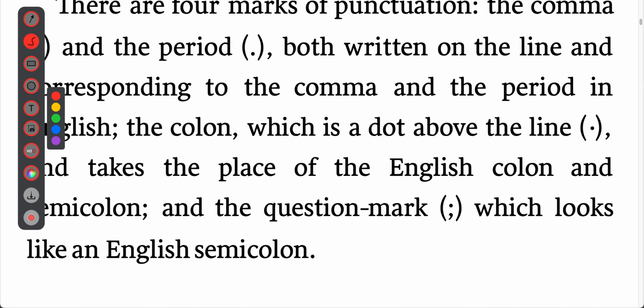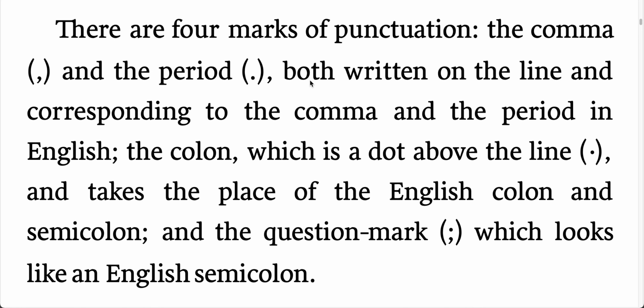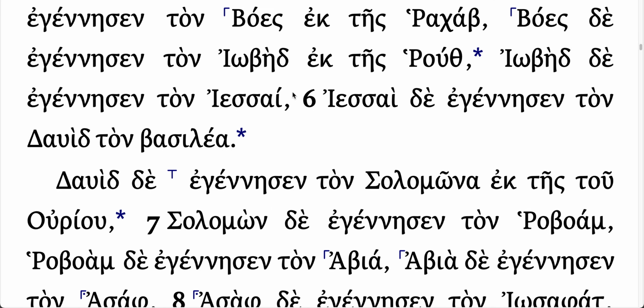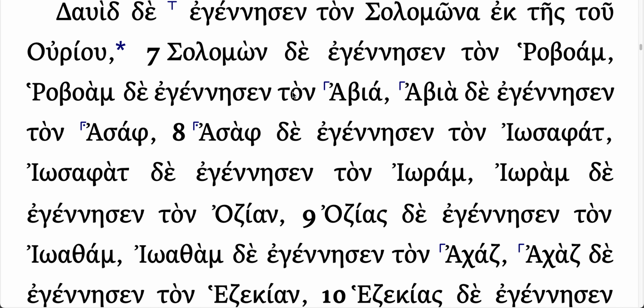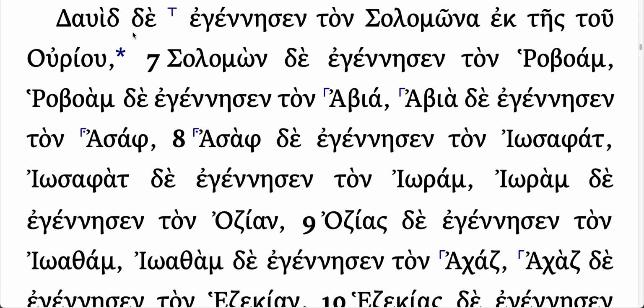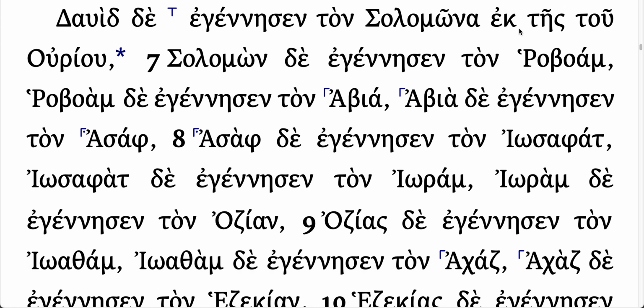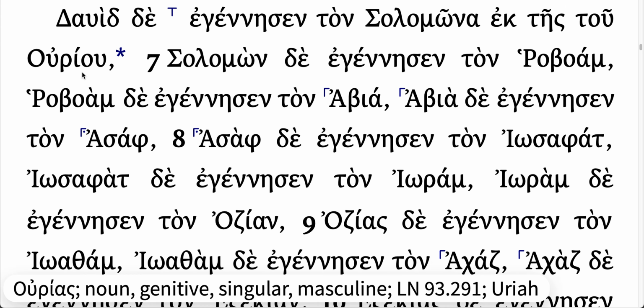And let me give you a little show of what you're looking at when it comes to the New Testament. This is where it says in Matthew 1, David begot, or was the father of, Solomon from the one who was the wife of Uriah. So that's from Bathsheba.